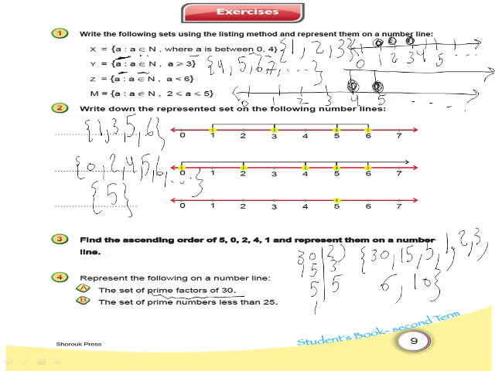Or we can do another way. What's the other way? You write 30 equals what times what? 30 equals 30 times 1. 30 equals what also? 6 times 5. 30 equals 2 times 15.